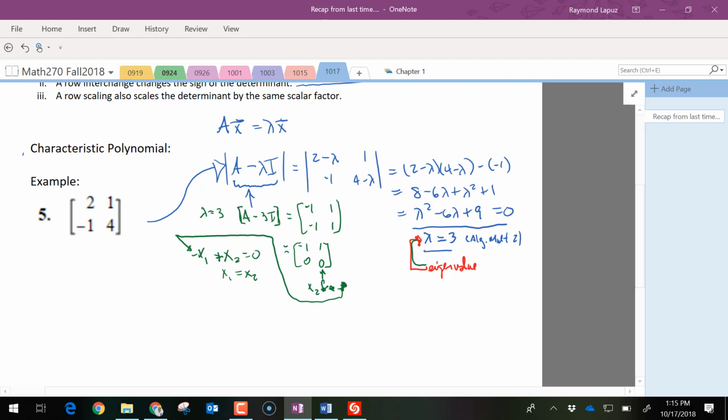So if x1 is equal to x2, then you have a vector x equal to (x2, x2), or a vector (1, 1) that can be scaled by x2. And then this is going to be your corresponding eigenvector.